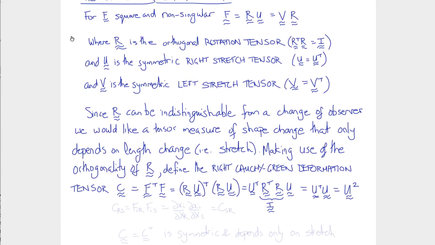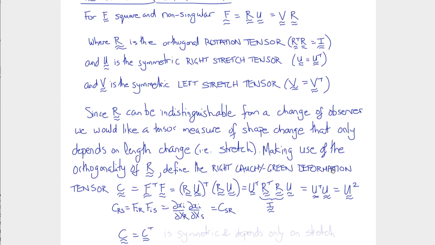In component notation, the components of C would be given by F_iR F_iS, which would leave C_RS, or del x_i del X_R, del x_i del X_S. And notice that if we switch the orders of R and S, we get the same expression.